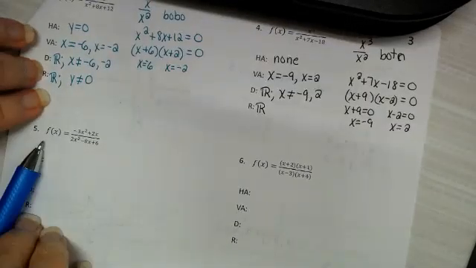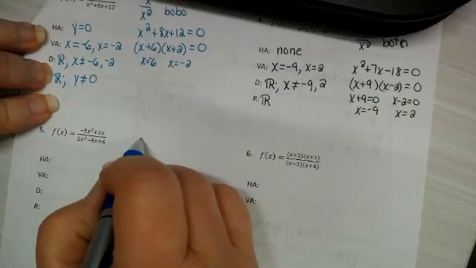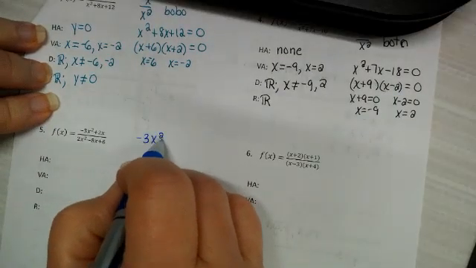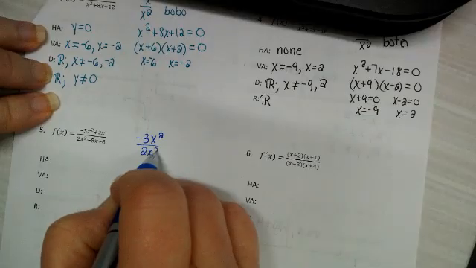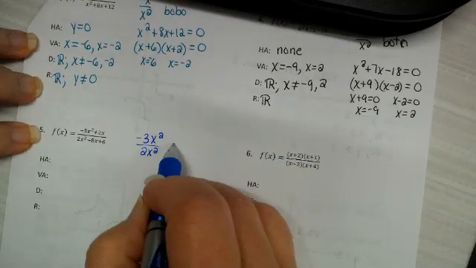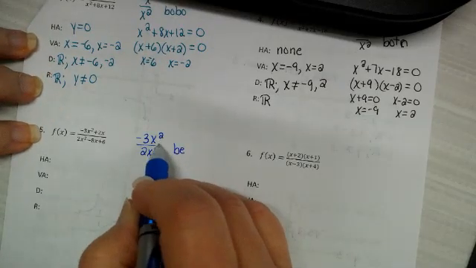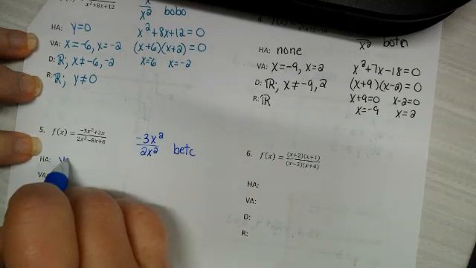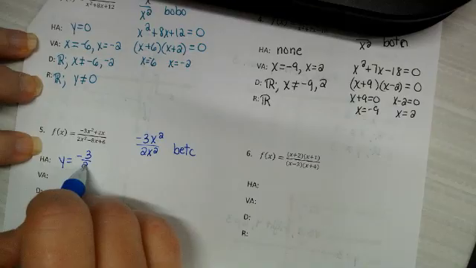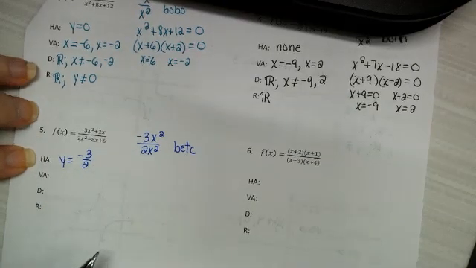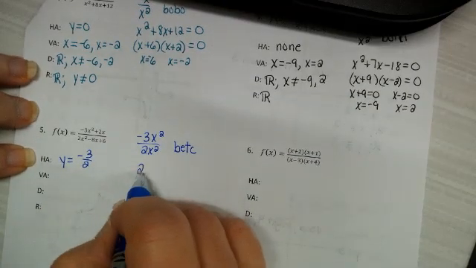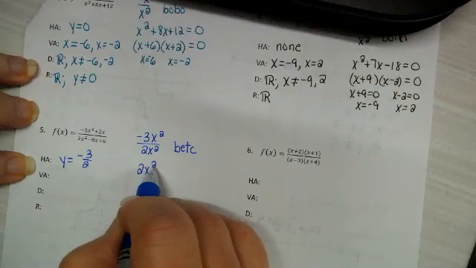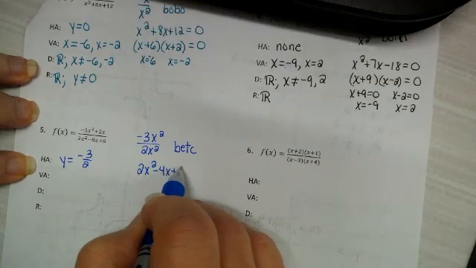All right, let's look at number 5. My leading terms are -3x squared and 2x squared. Well, that looks like, as far as the powers go, the bottom equals the top. So I'm just going to take -3 over 2, my coefficients. Now for my vertical asymptotes, I need to make my denominator equal to 0.